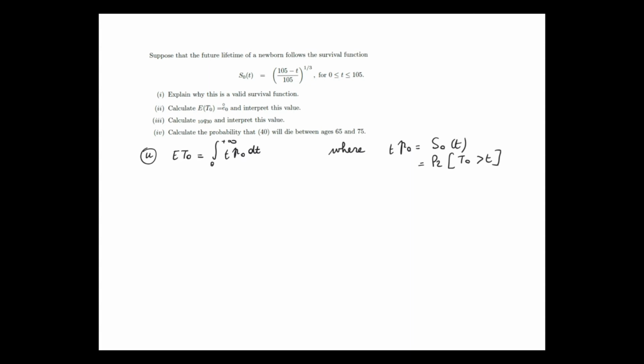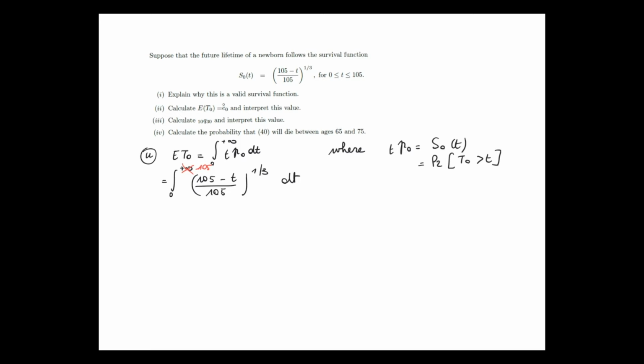I've got the formula available for this survival function, so the only thing I need to do is take the integral of this expression. I know, of course, that the upper bound is not going to be plus infinity here, but I'm going to take the integral up to the value of 105.